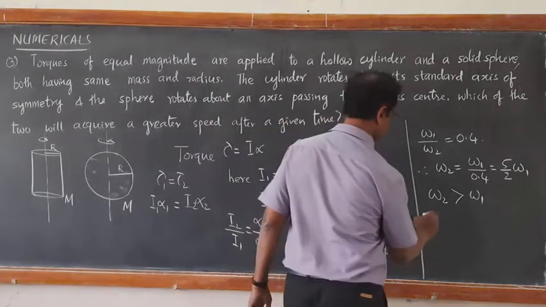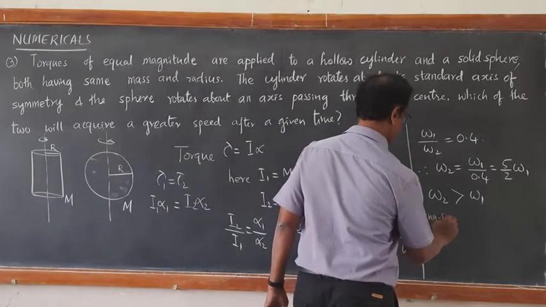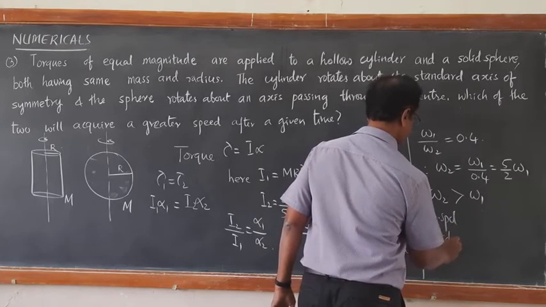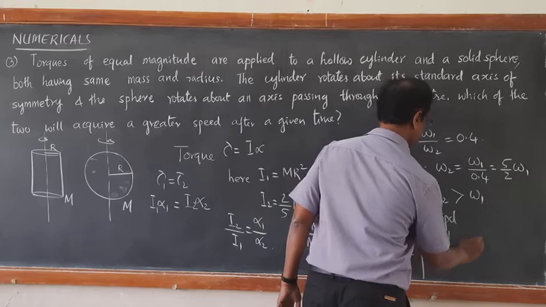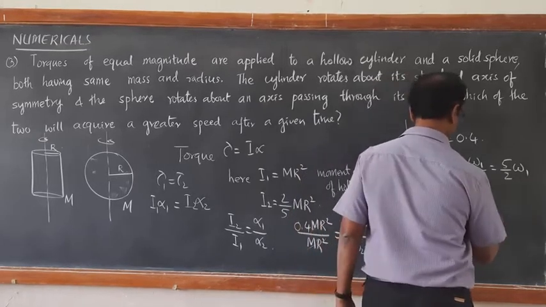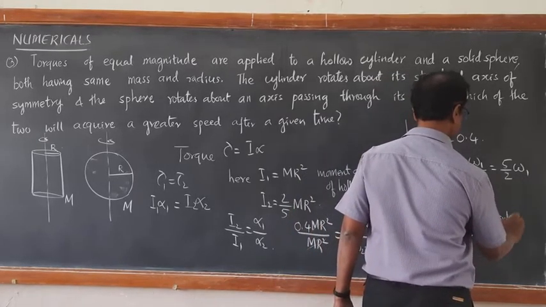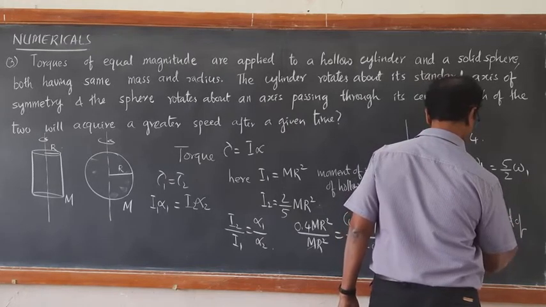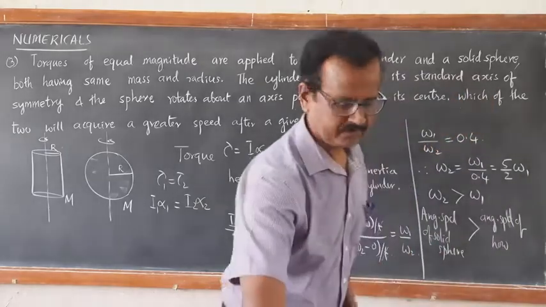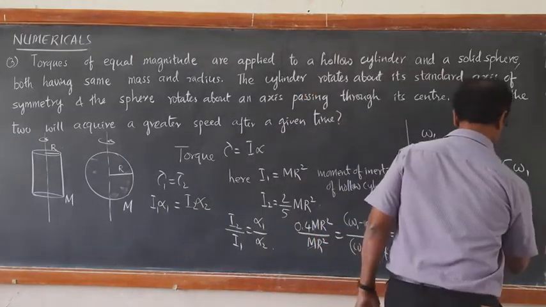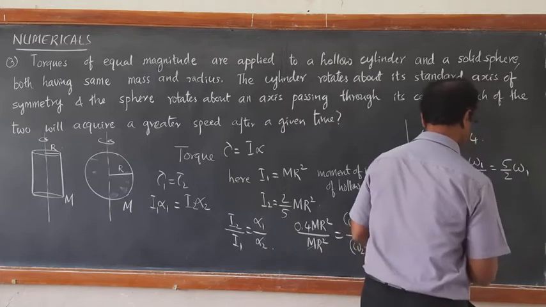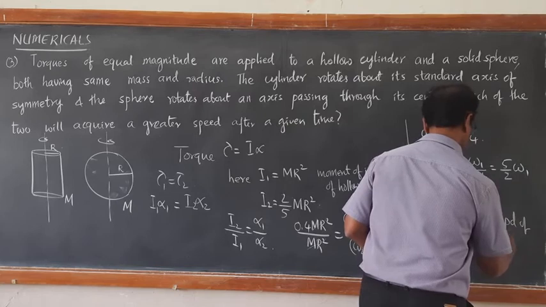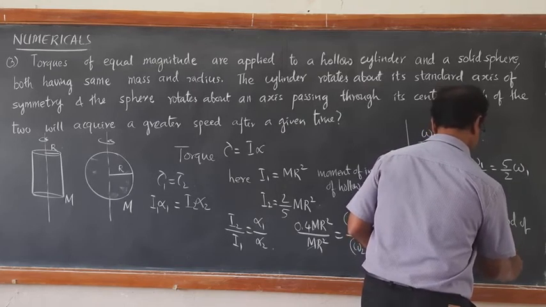So angular speed of solid sphere is greater than angular speed of hollow cylinder.